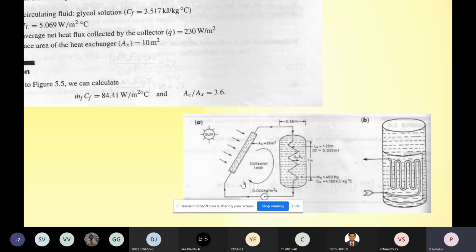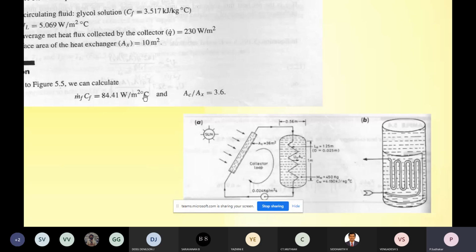So when you multiply this m dot f, the fluid flowing inside the collector loop, by the given cf, you get 84.41 watt per meter square degree centigrade.